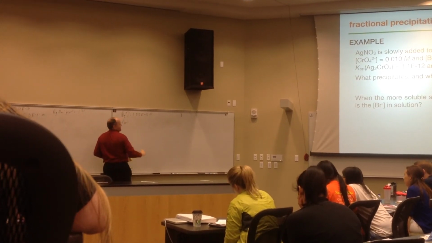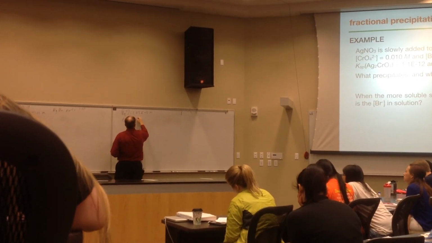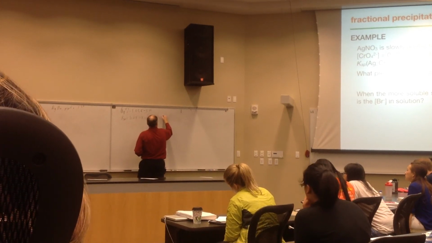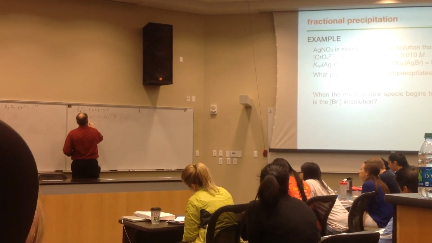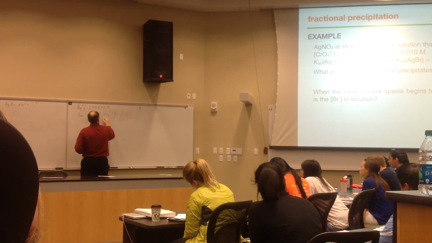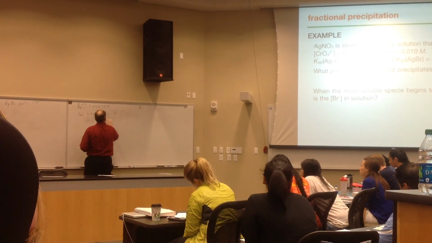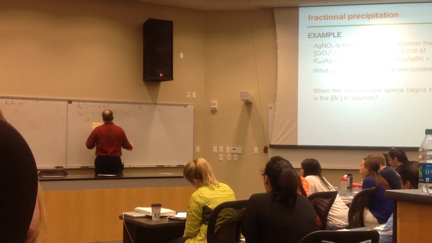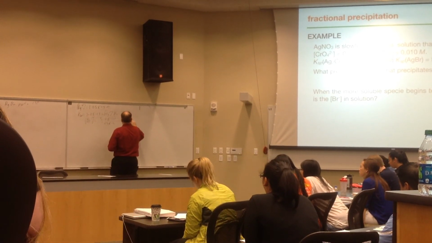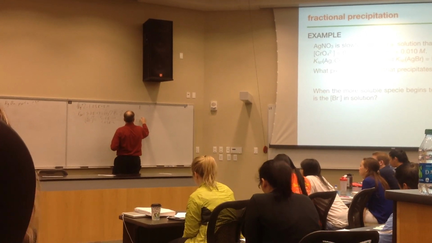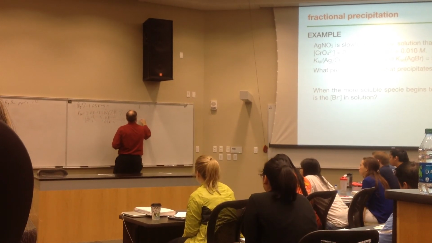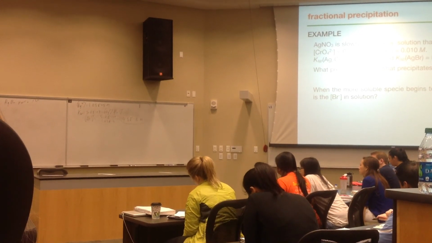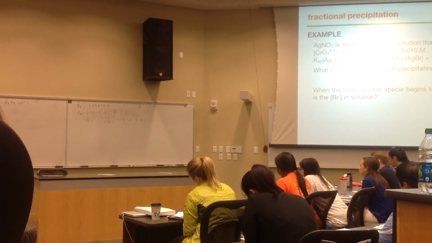I plug into the KSP for silver bromide and solve that for the bromide concentration. I get 5.0 times 10 to the minus 13 divided by 1.05 times 10 to the minus 5. And I'm going to get 4.8 times 10 to the minus 8 molar as the concentration of bromide when I first start causing the other substance to precipitate.